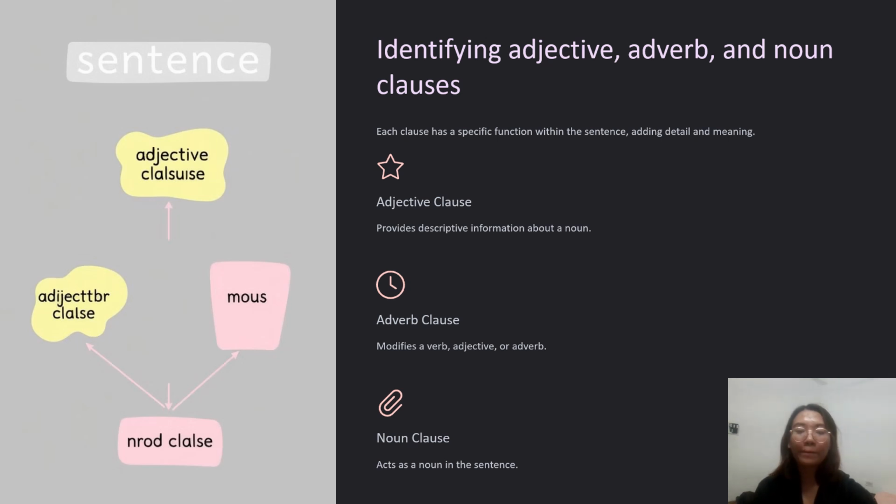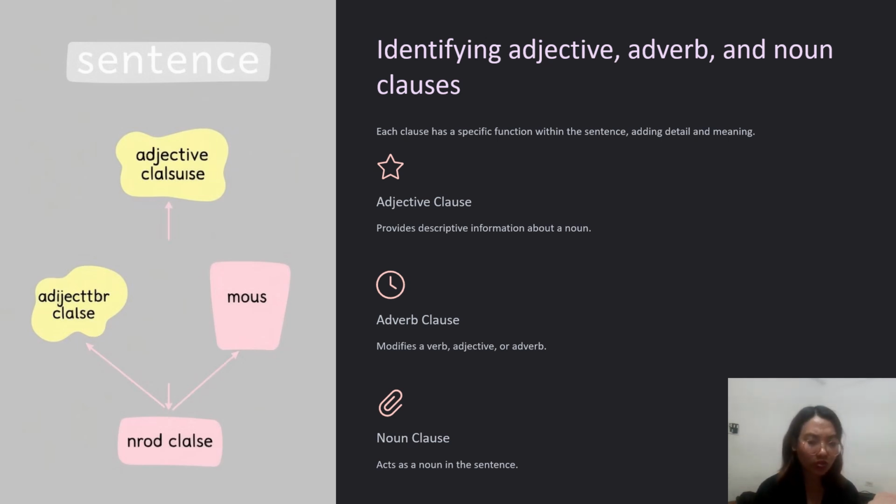The next one is adverb clauses. An adverb clause describes a verb, adjective or another adverb. Always remember that. It explains when, where, why, how or under what conditions something happens. So how to identify these adverb clauses?